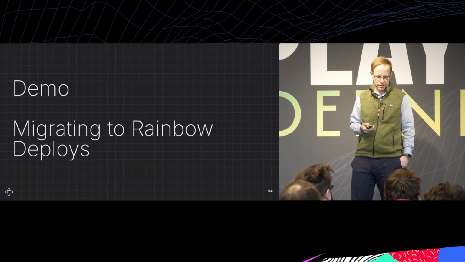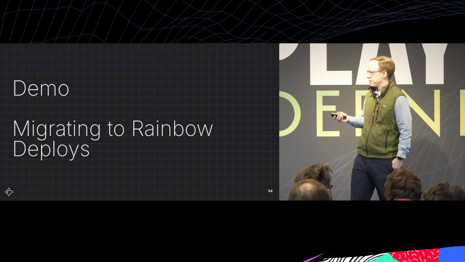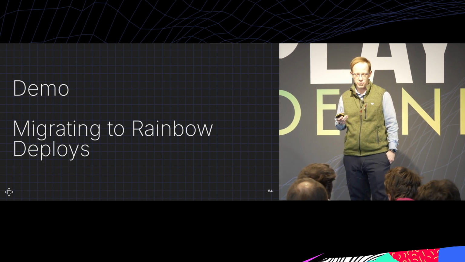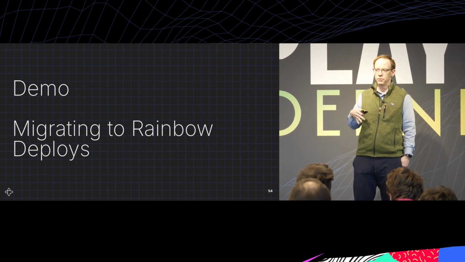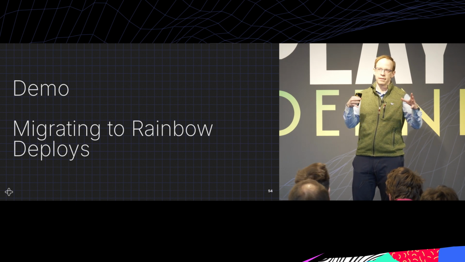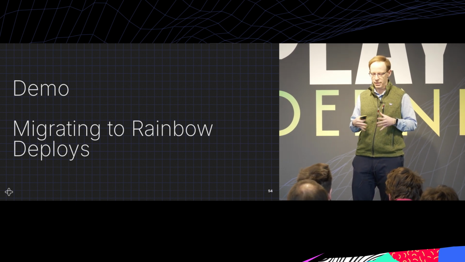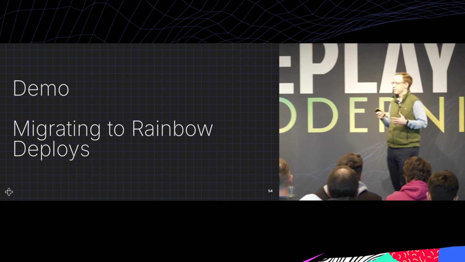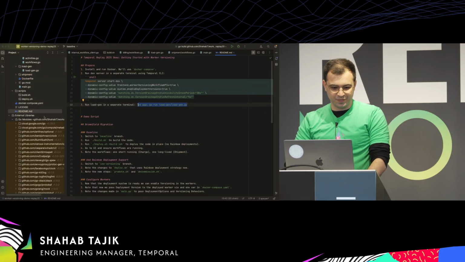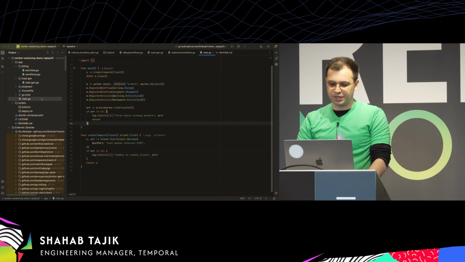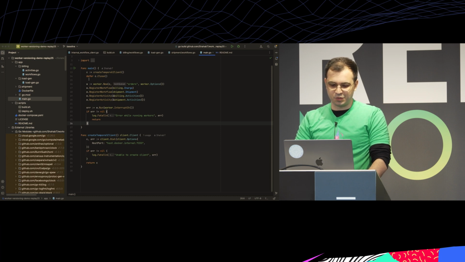All right. So Shahab's going to come up and show a demo of getting from an existing rolling deployment system over to a rainbow deployment system using our new APIs. Yeah, so I'm going to show you how to upgrade an existing worker to worker versioning. This is my worker.